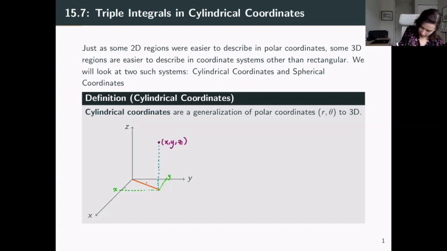Here I can have that my length is r, and my angle from the x-axis to the y-axis is theta.